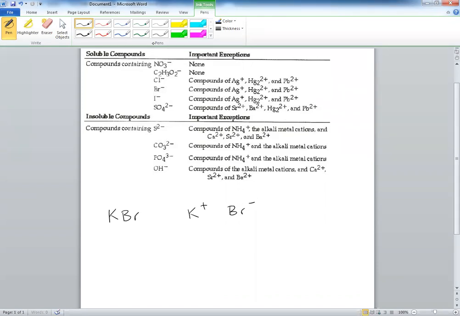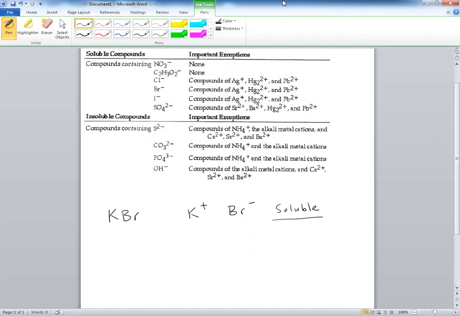So this tells me that KBr should be soluble. However, let me see if K is one of the exceptions here. Let me see if K is one of the exceptions, K plus, potassium ion. So I go and I look here, I don't see it, so therefore it is soluble.